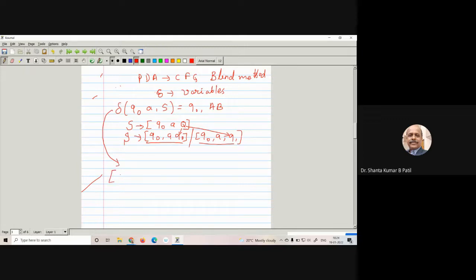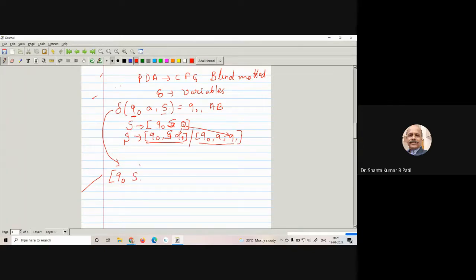The variable you write is q naught, then S. It is S only, not a. So this q naught you write here, then S.